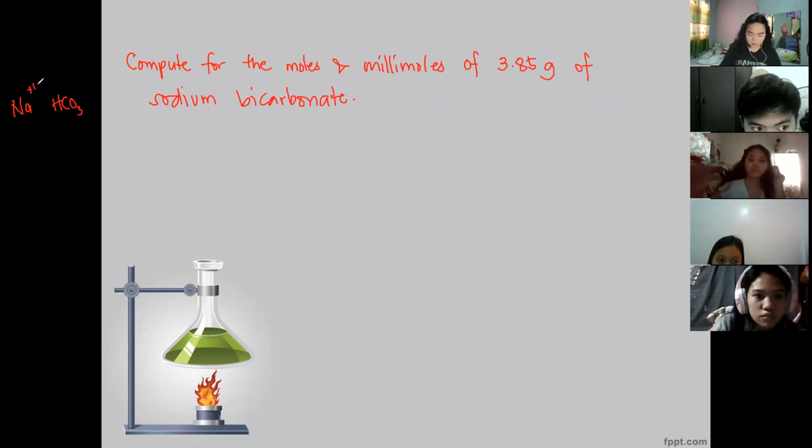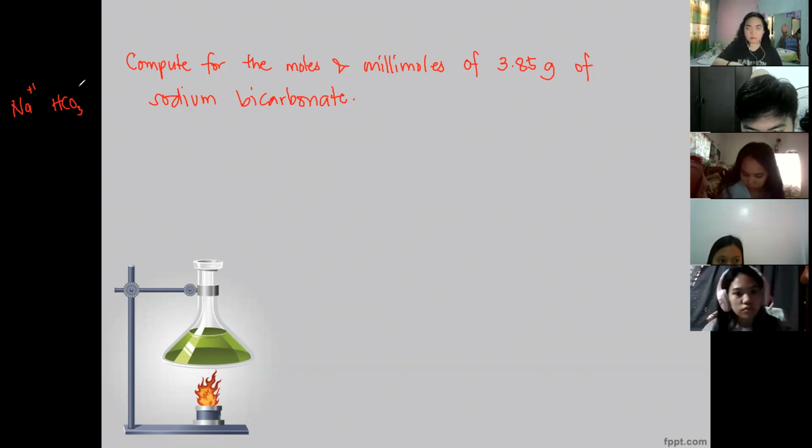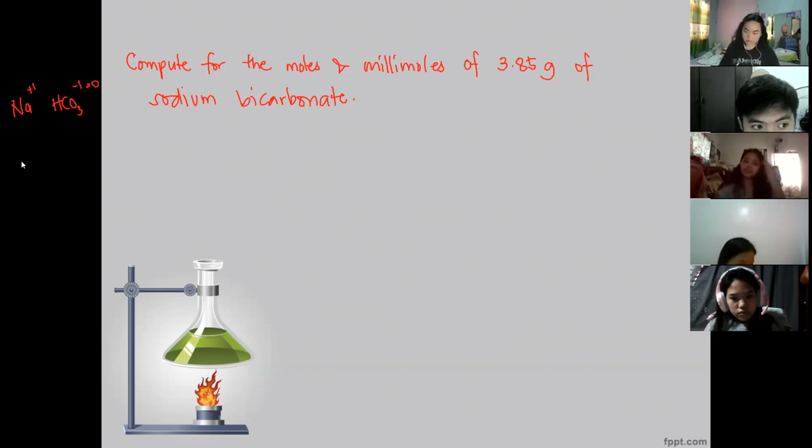So sodium in the periodic table, remember nasa group 1 siya sa periodic table, so positive 1. And if you look at your list there for the polyatomic ions, bicarbonate is negative 1. So if we add this, we will get 0, therefore we don't need to do the crisscross.